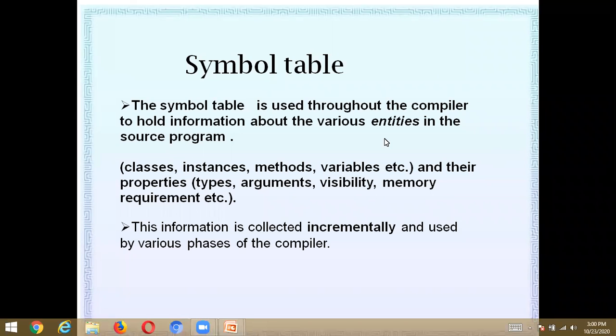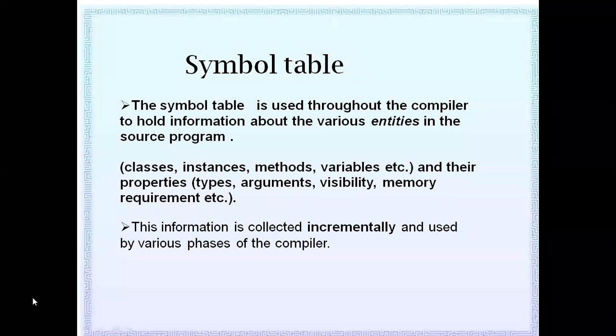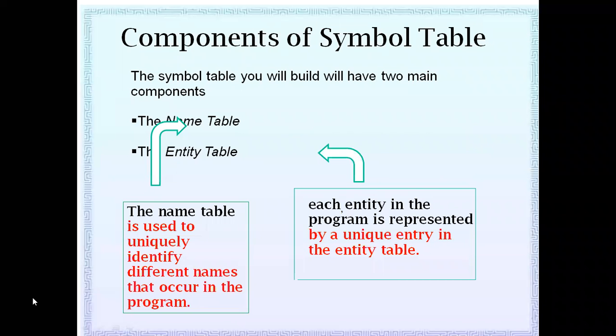Now coming to the components, the next fundamental thing that you need to know about the symbol table is what its components are. We have two main components: one is a name table and the other is an entity table. The name table is used to uniquely identify different names that occur in the program.